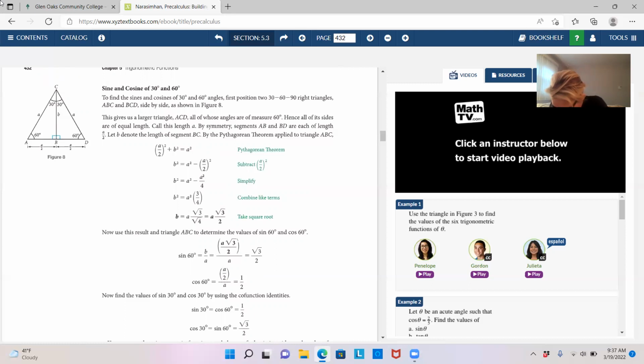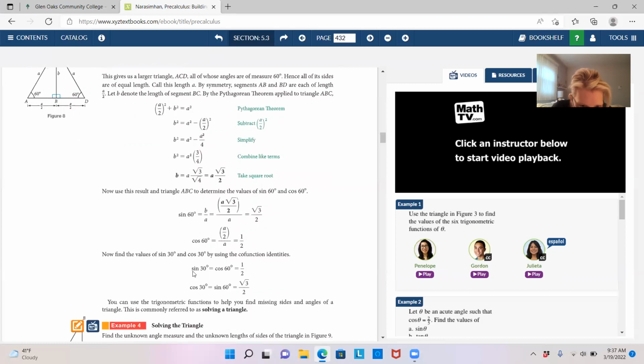But we have these also, and so then because we know they're co-functions, we can go down just below here, and we know the sine of 30 is the cosine of 60, and the cosine of 30 is the sine of 60. So it's also on our table here. So let me go back to the table that I've been making myself and encouraging you to work on.